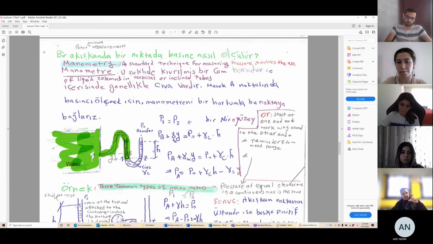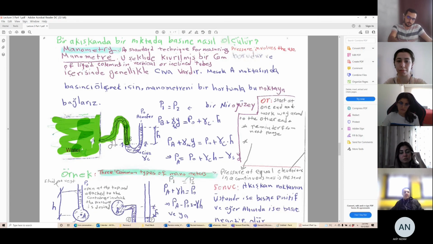H, I can measure it because I brought those manometers there. H is at hand and Y is at hand because I see the value of Y. I can measure it. I can read it from the manometer.